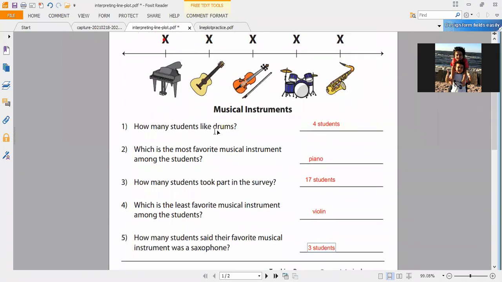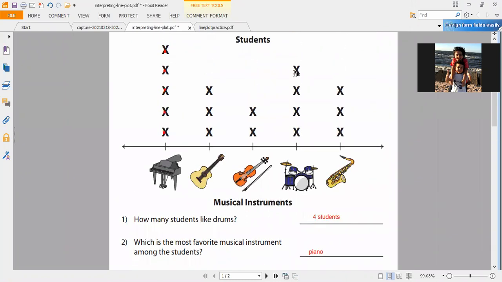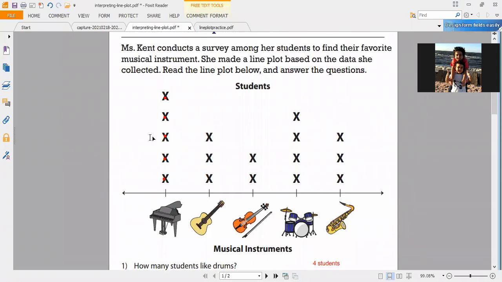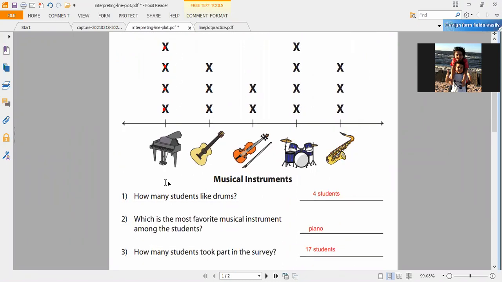So how many students like drums? It will be 1, 2, 3, 4. This is the drums. Which is the most favorite musical instrument among the students? The most favorite instrument will be piano because the piano has the most votes: 1, 2, 3, 4, 5.